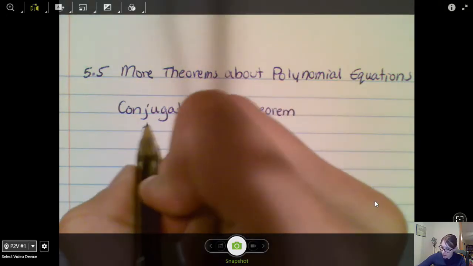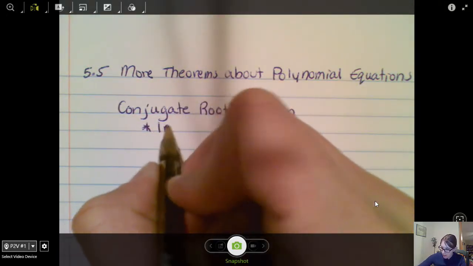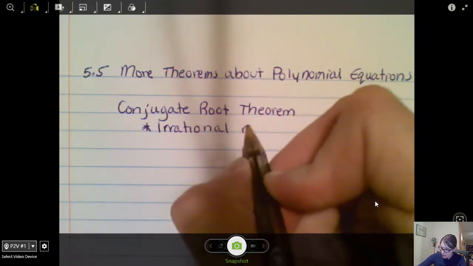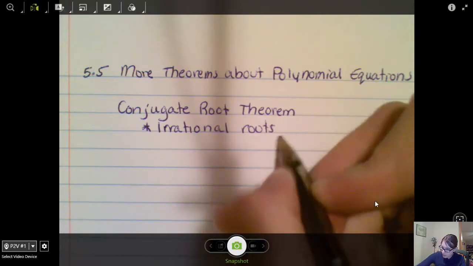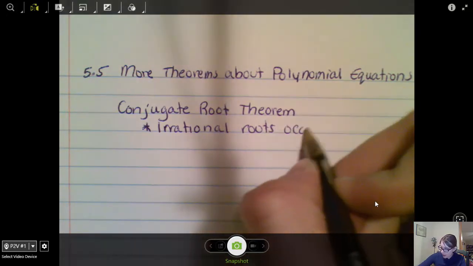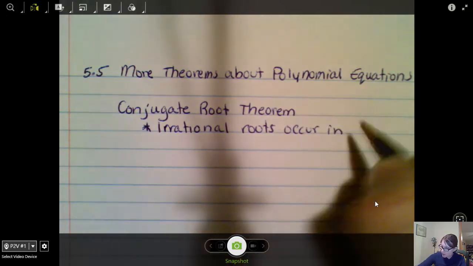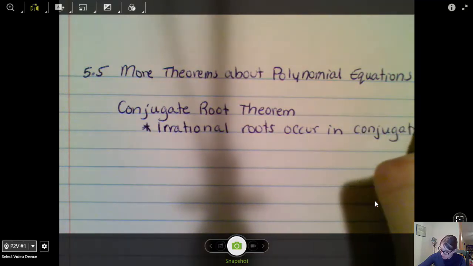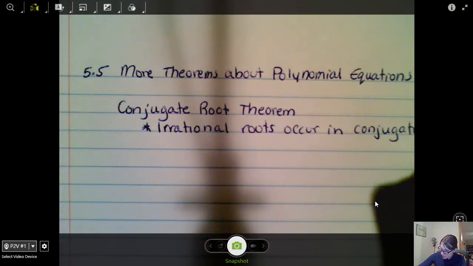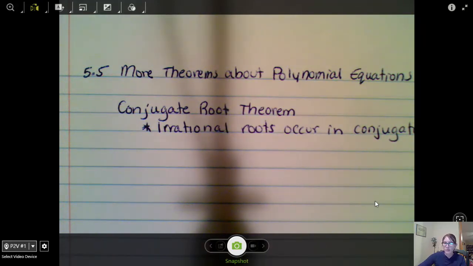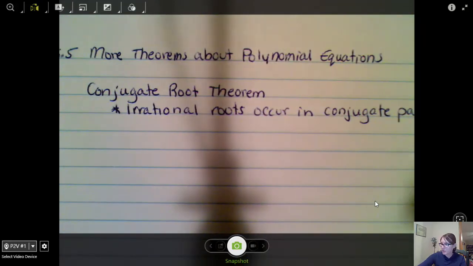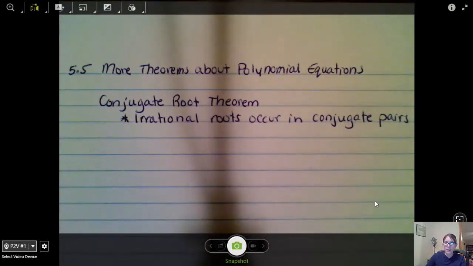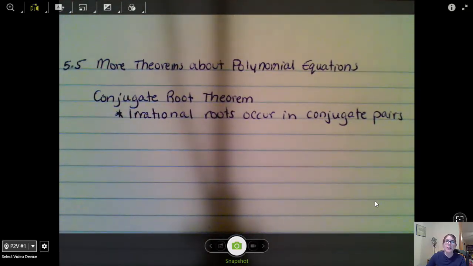The first part is that if we have any irrational roots, they occur in conjugate pairs.